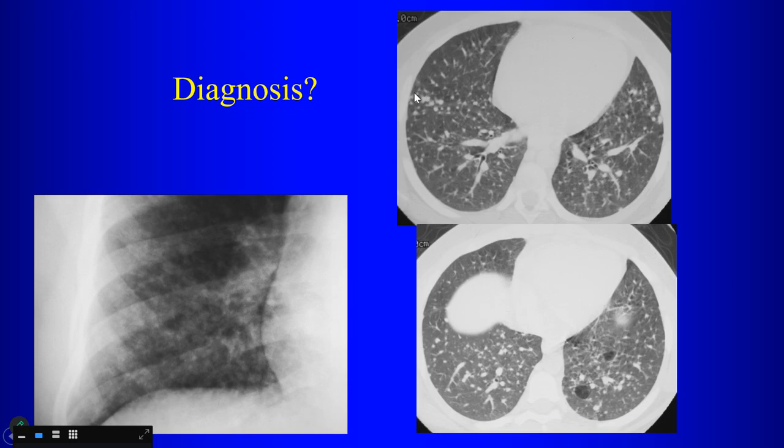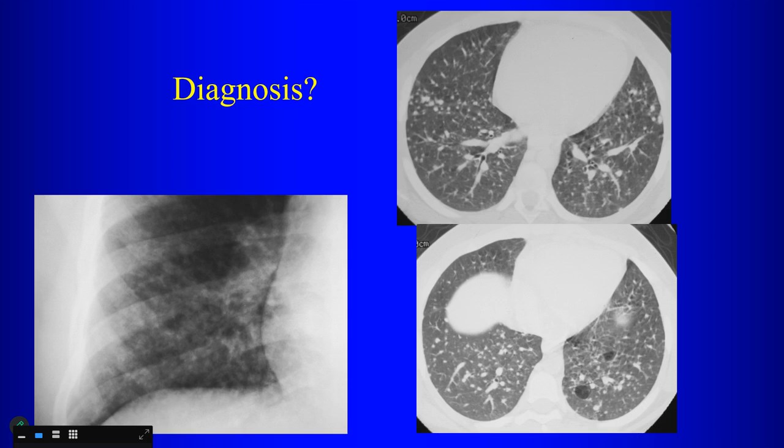What's being outlined there? The minor fissure? No. Yeah, the secondary pulmonary lobule. Looks like they're outlining secondary pulmonary lobules, which would make them perilymphatic.